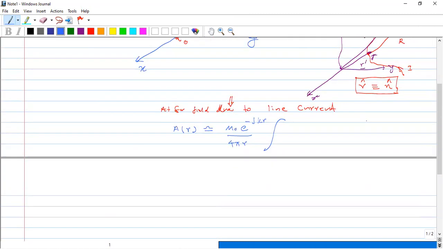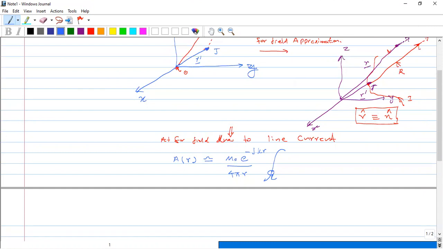So that volume integral will become a line integral. You have to evaluate the line integral along this conductor that carries the current.